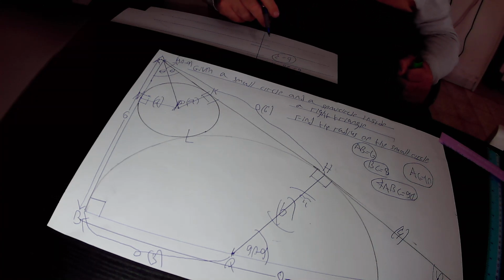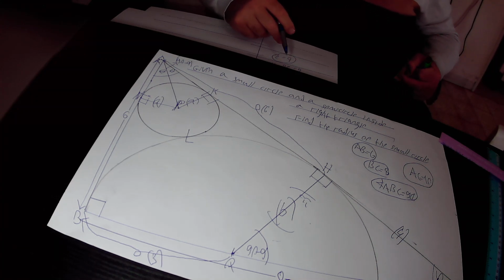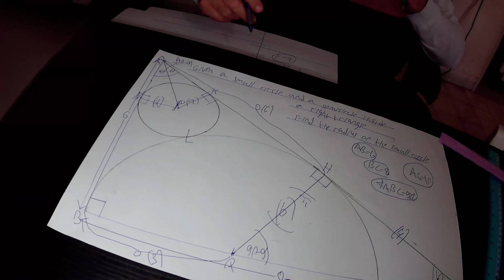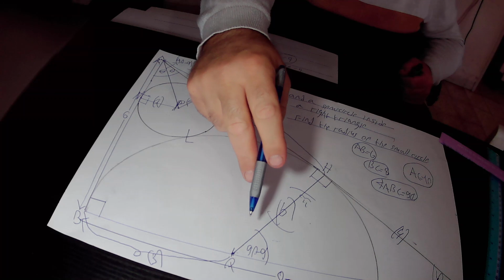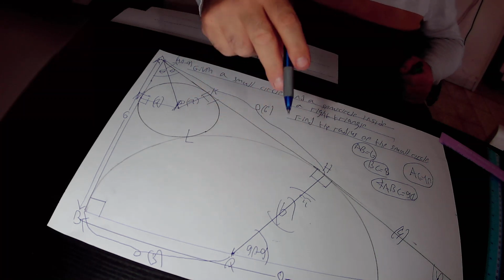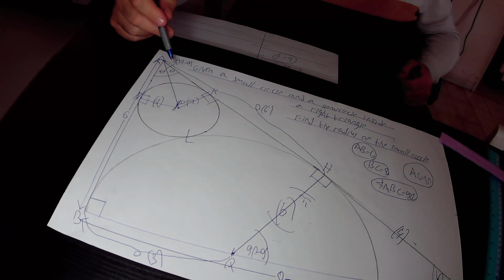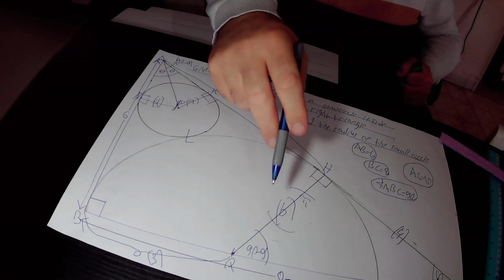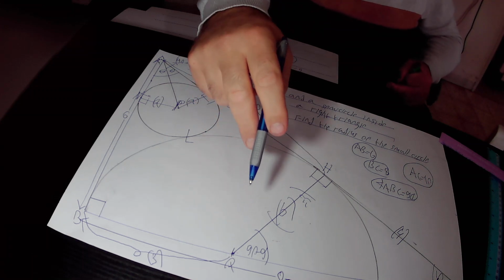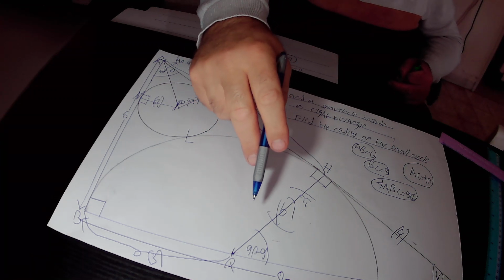Now we can implement rule 15. According to rule 15, the angle bisector of this angle must pass through point Q, that is the center of this big semicircle.